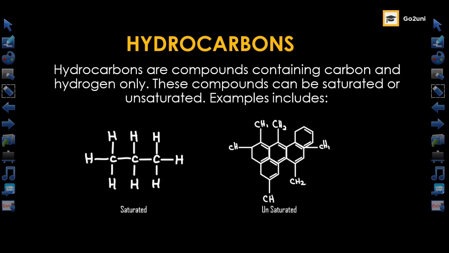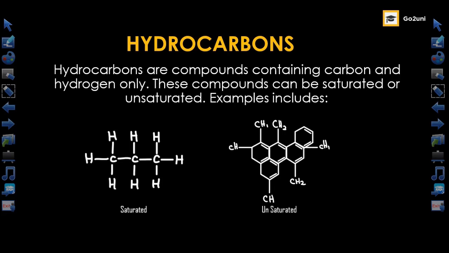Saturated compounds are compounds that have single bonds between the carbon atoms, as we can see displayed. A good example of the saturated compound displayed is propane. It is a 3-carbon compound. We should get to understand why it is called propane.